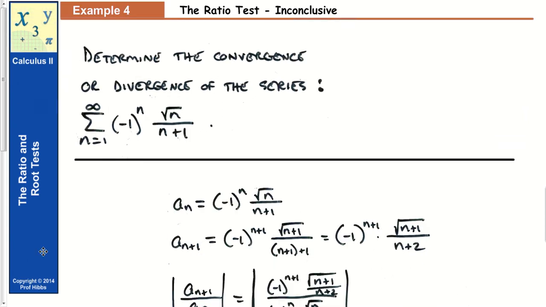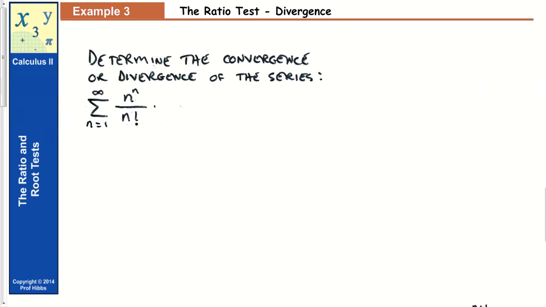Now let's back up one step here and notice in these two examples, and I don't mean that this would never work, but in these two examples where it was inconclusive, we didn't have exponentials or factorials, did we? In the examples that we saw before where it helped, we found that we had exponentials and factorials.